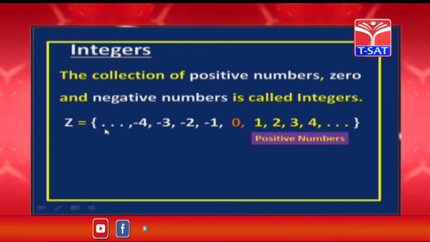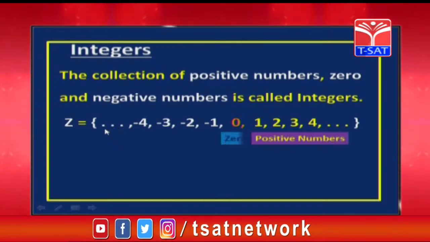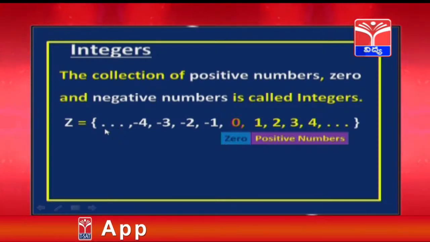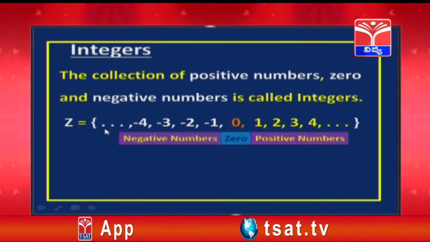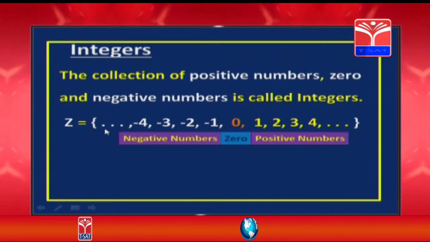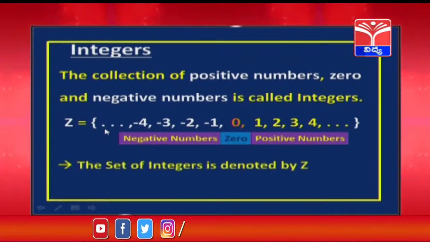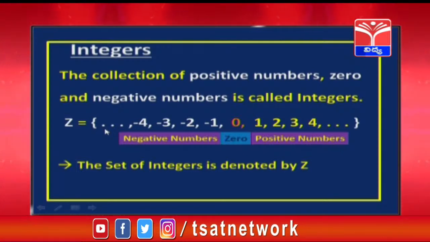So children, these numbers, that is 1, 2, 3, 4 are positive numbers, and in the center we have exactly 0 which is neither positive nor negative, and towards left side of this 0 we have negative numbers. And children, make a note that the set of integers is denoted by letter Z, that is a capital letter.